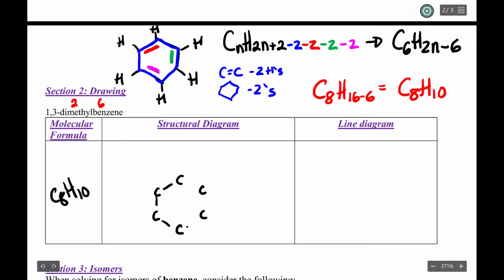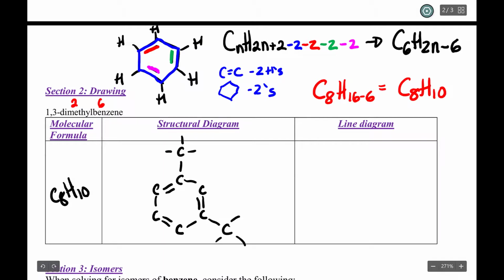So I'm going to start with this. And I am going to use double bonds in my structural diagram just so I can follow how many bonds everything is made. Okay, so I'm going to do every second carbon. I'm going to call this first one carbon number 1. I have a methyl group off of it, so 1, 2, 3. And then this one, I'm going to have a methyl group coming off of it, so 1, 2, 3.